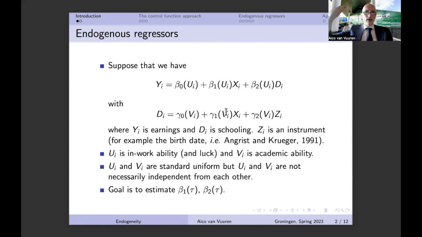So therefore, at this moment in time, we do know that at the moment that we condition on v, then the average outcomes with respect to u are no longer correlated with this d that we have over here.